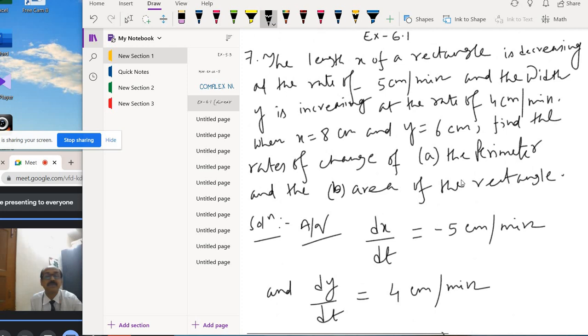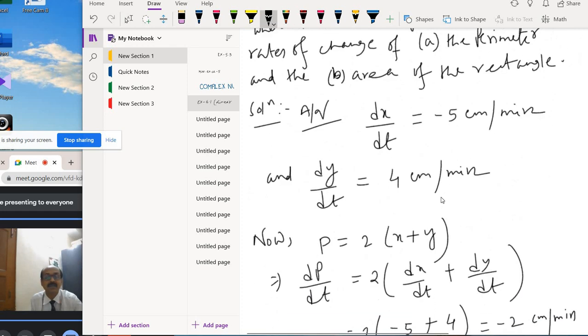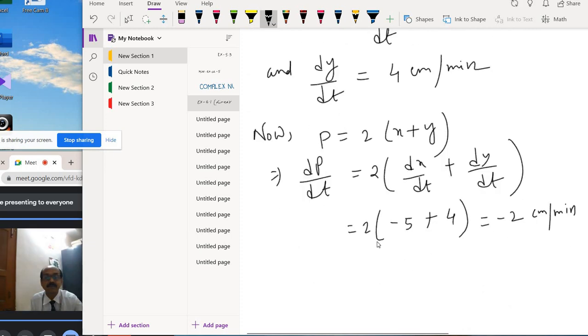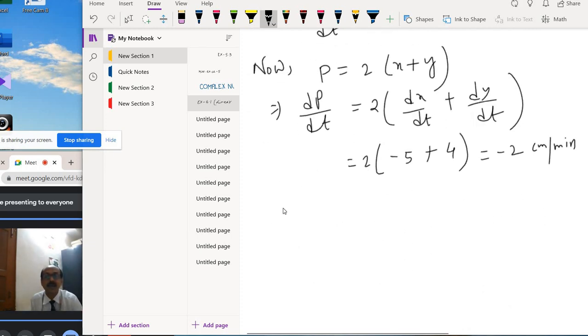Okay, now the area. So A equals area of the rectangle, we know length into breadth, that is xy. Now differentiate both sides with respect to t.